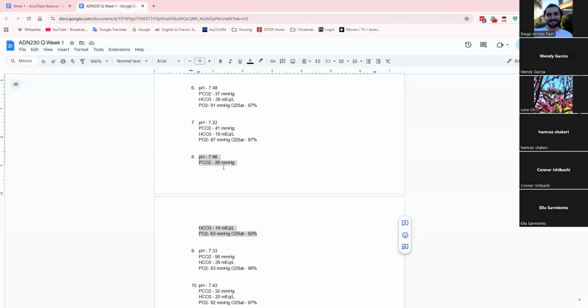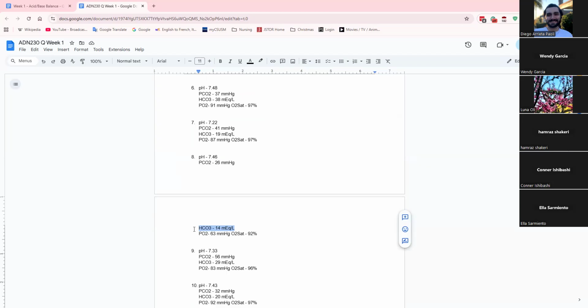CO2 of 26, high, low, basic, acidic? It's going to be low and basic, correct? And then our bicarb is going to be low and acidic.